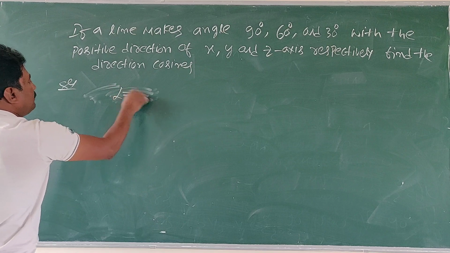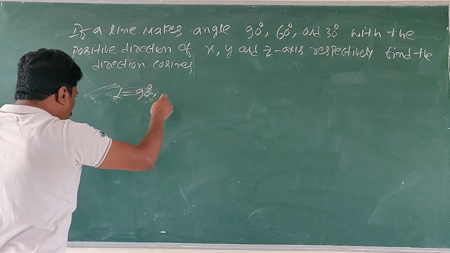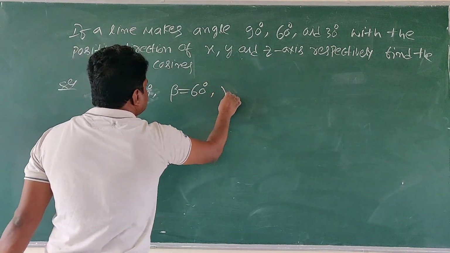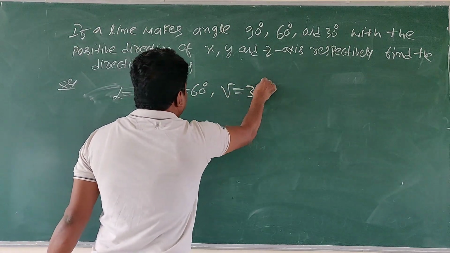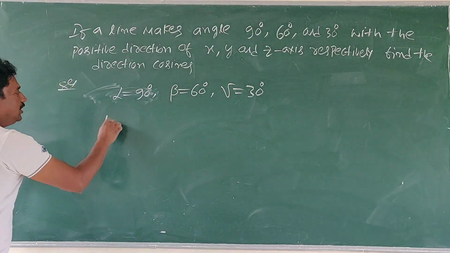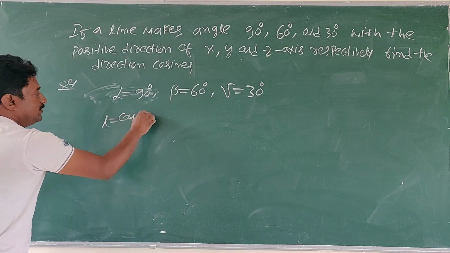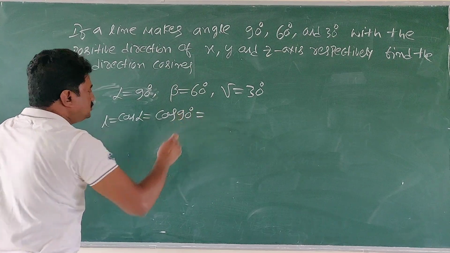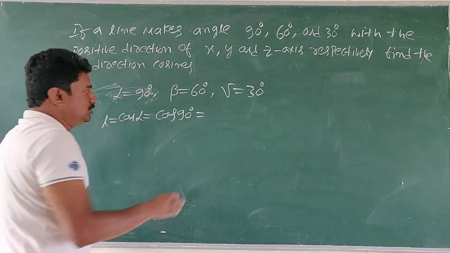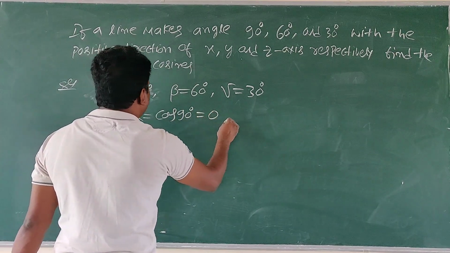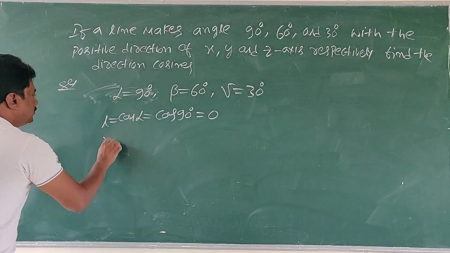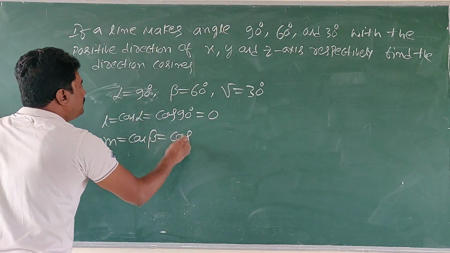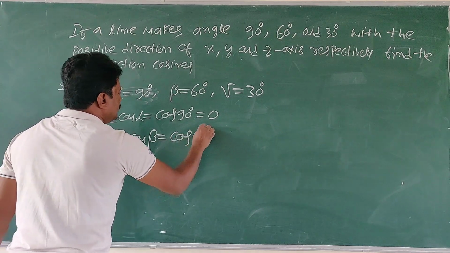Tell me how much is alpha? 90 degree. Beta 60 degree. Gamma 30 degree. Calculate that. L equals cos alpha, so cos 90 degree. How much is cos 90? 0. So m equals cos beta, beta is 60 degree.